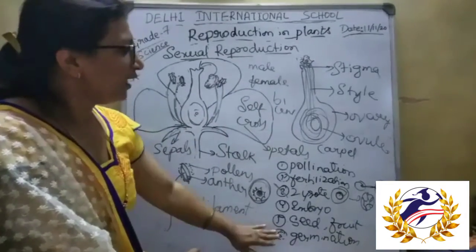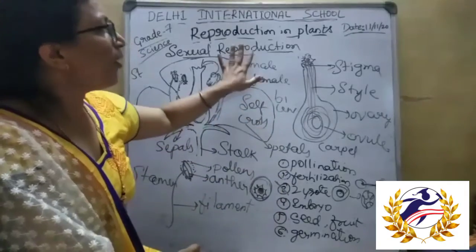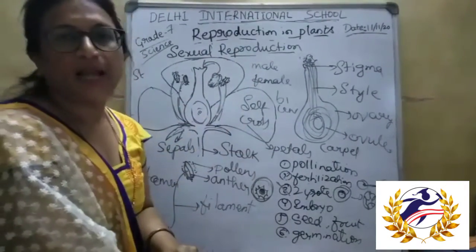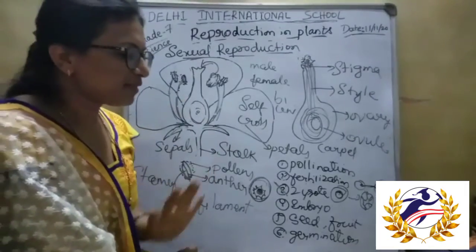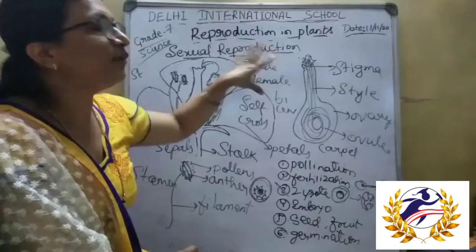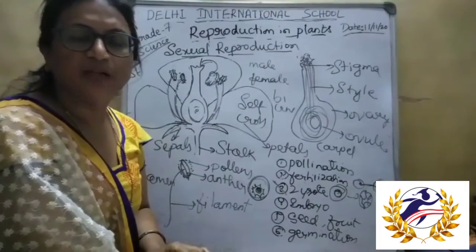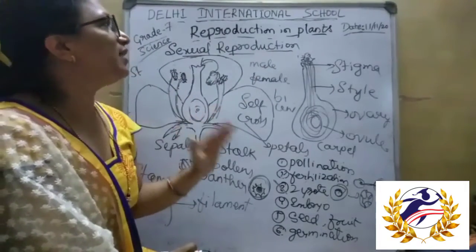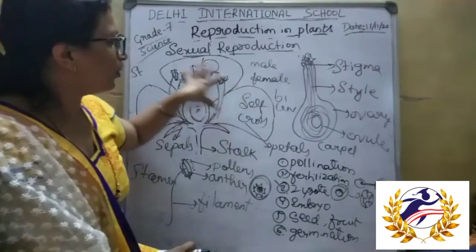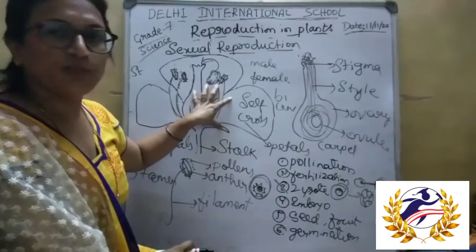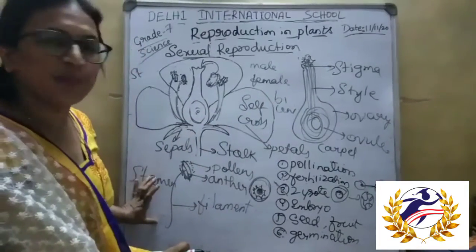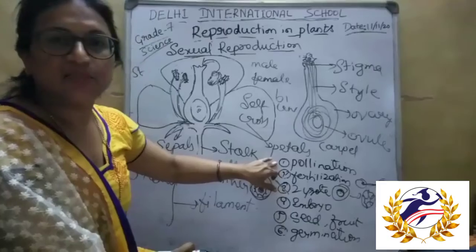Okay. So like this, sexual reproduction takes place in plants. This is how different types of reproduction take place in different types of organisms. In detail we have discussed sexual reproduction in plants: the reproductive parts such as female and male reproductive parts, and how pollination takes place.